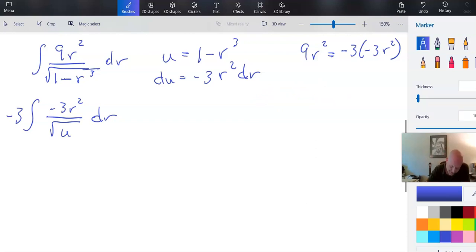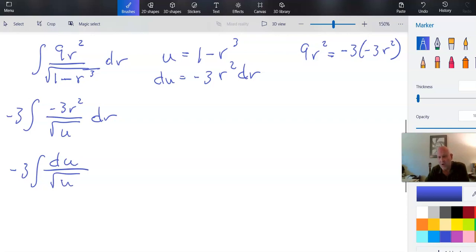So now, negative 3r squared dr works out for us. And it's because the negative 3r squared is in the numerator. If it was in the denominator, we couldn't do this. So now we've transformed this thing into the integral of du over the square root of u.